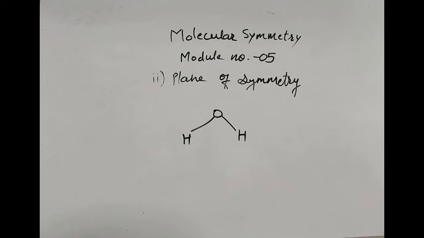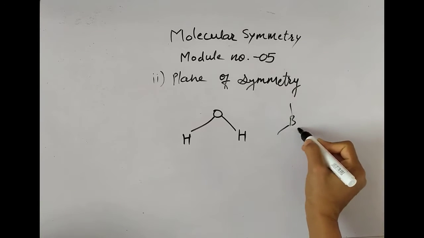So today we will be discussing the planes that are present in the water molecule. If the example of BF3 is very well understood, you can now find out the planes that are present in the water molecule. Mostly, if the molecule contains C2, then from the same place we can get the plane also, like in BF3.